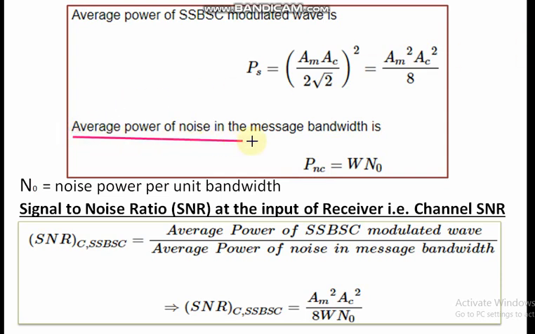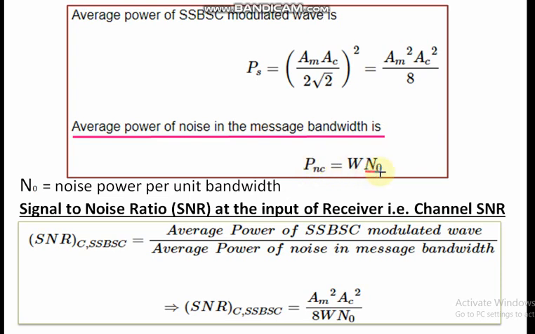And here we are calculating the average power of noise in the message bandwidth. PNC means average noise power at the channel, meaning from the channel what we are getting as noise power.